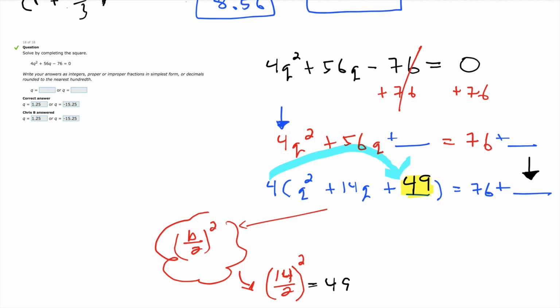You put 4 times 49 over there. It's just in disguise. You get it? So you put 196 on this side.